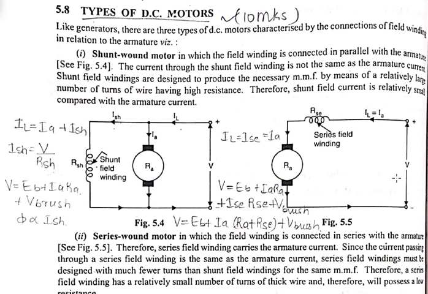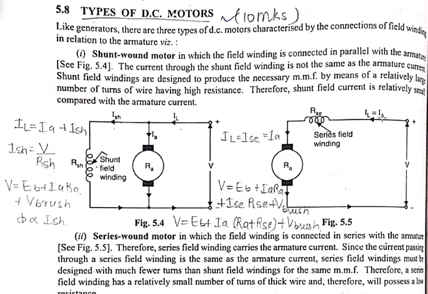Now what would be the relation between the applied voltage, or terminal voltage V, and the back EMF? Here you can see V is equal to, if there is a connecting drop here, the voltage drop at the connecting terminals, plus this field winding has a resistance of RSC, therefore there is a voltage drop here.